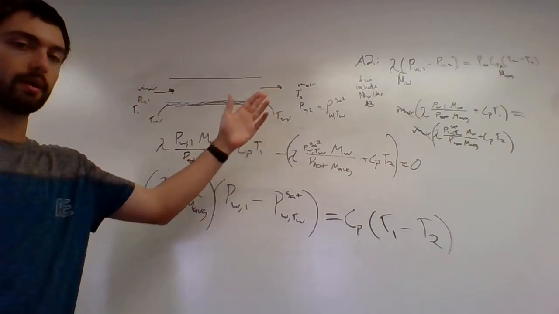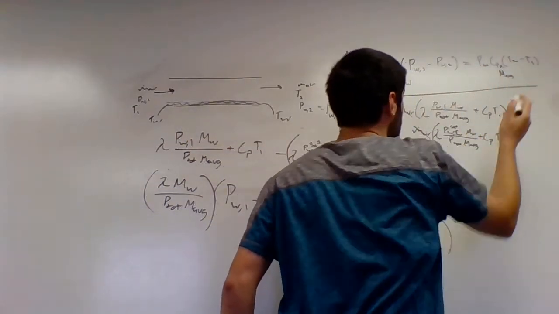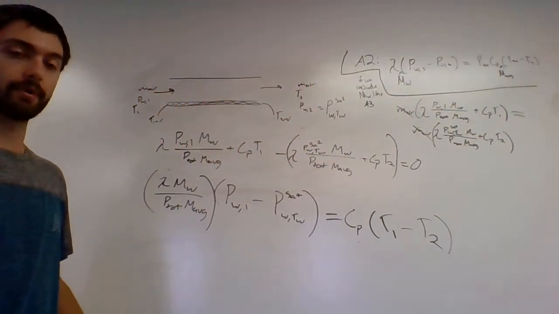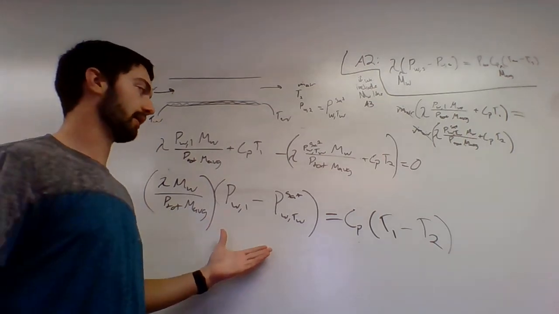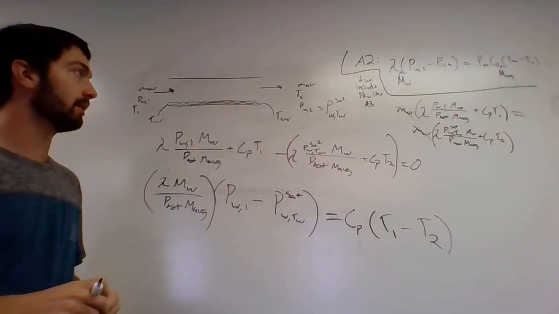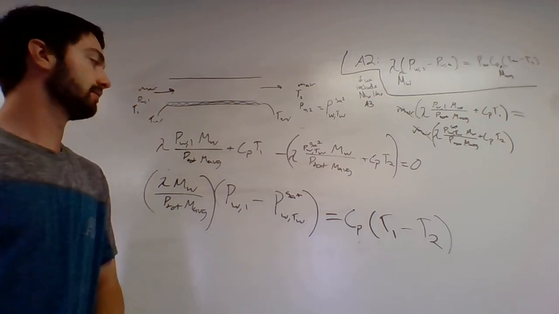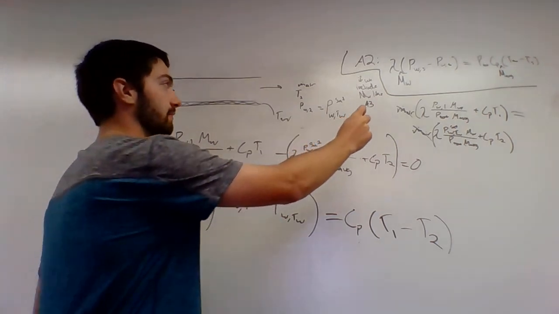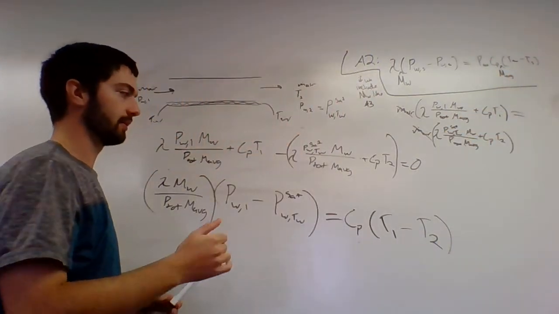And I wrote down up in the top right the equation we got in A2 for the wet bulb. And it looks very similar to this equation we got in the adiabatic saturation temperature experiment. So the only difference really is these differences are basically flipped.